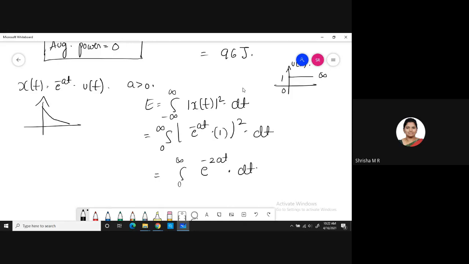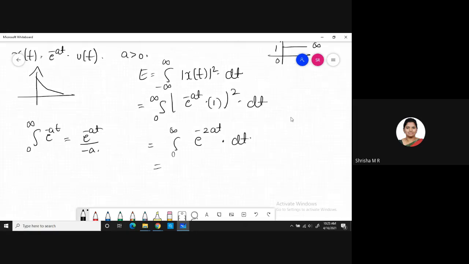What is the integration of e power minus at? It is e power minus at divided by minus a. So here you get e power minus 2at by minus 2a, with limits 0 to infinity.